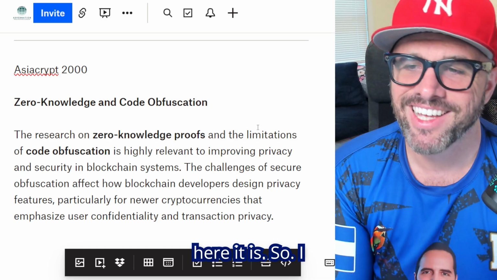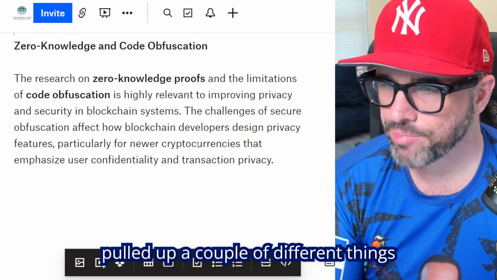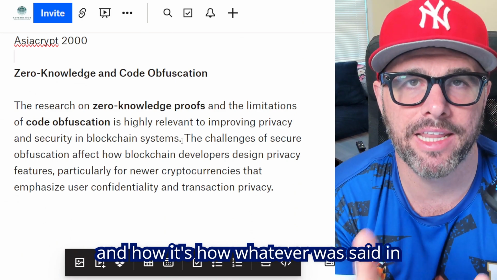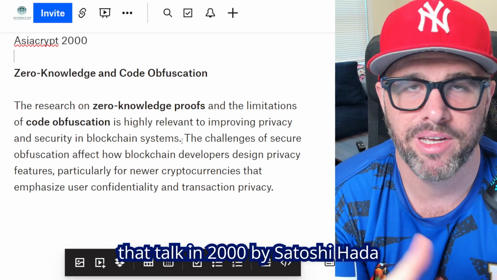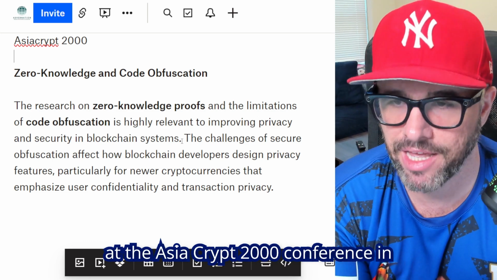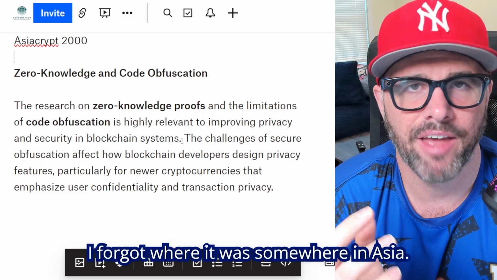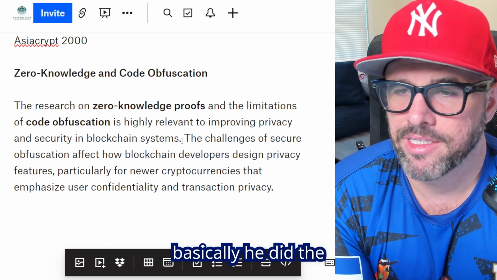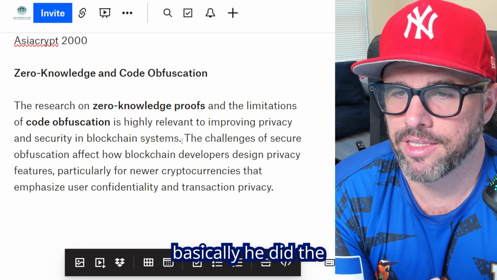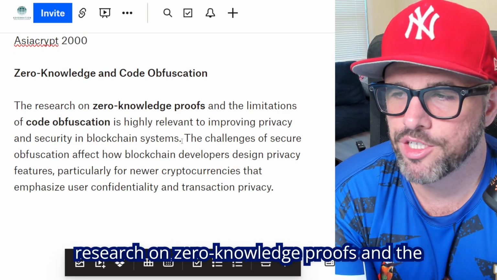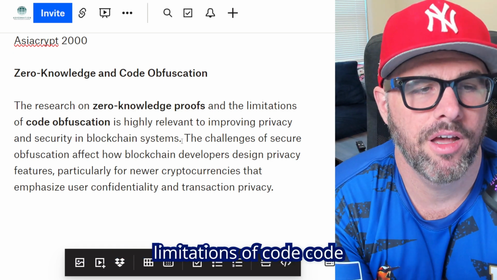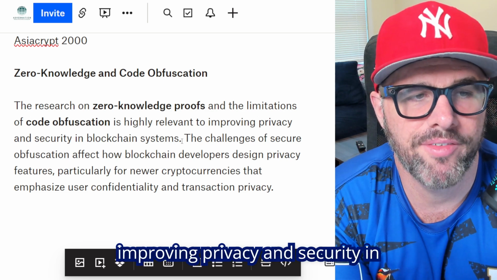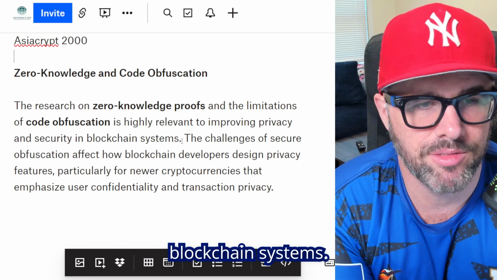But here it is. I pulled up a couple of different things on what was said in that talk in 2000 by Satoshi Hada at the ASIACRYPT 2000 conference, somewhere in Asia, I don't remember. Basically, he did the research on zero knowledge proofs and the limitations of code obfuscation, which is highly relevant to improving privacy and security in blockchain systems.